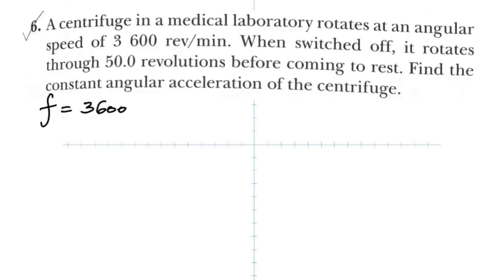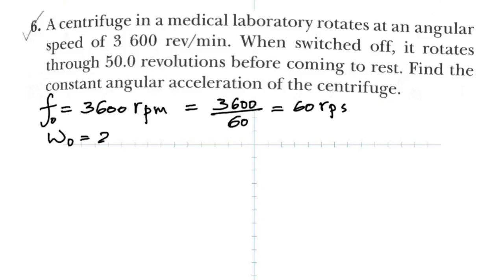This is, again, a straightforward question because once you find the frequency, you get the initial angular velocity. And the final angular velocity is 0 because it says it comes to rest.